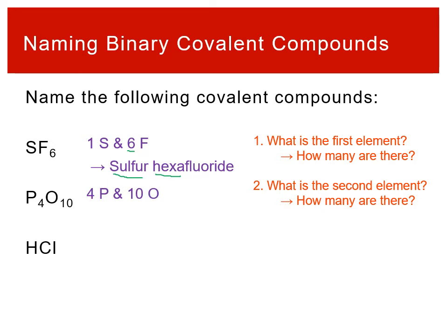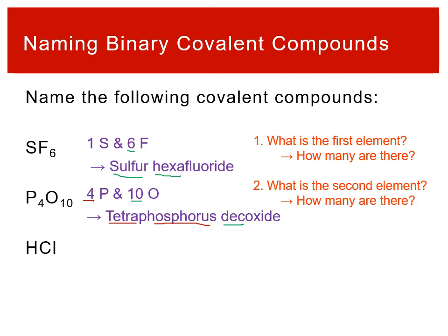P4O10, that's 4 P's and 10 O's. In this case, neither has 1, so both atom types are going to need a prefix. It becomes a bit of a mouthful, but the 4 is tetra. For phosphorus, we just keep the entire name. And then 10 is deca, like decade, 10 years, with the a dropped in this case.